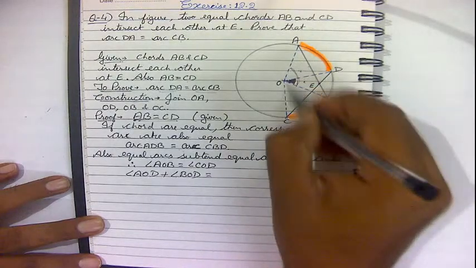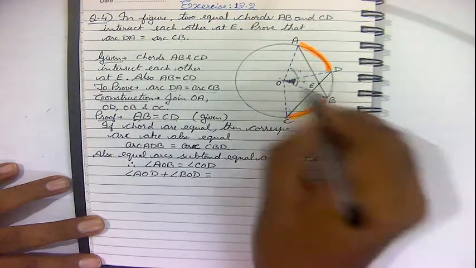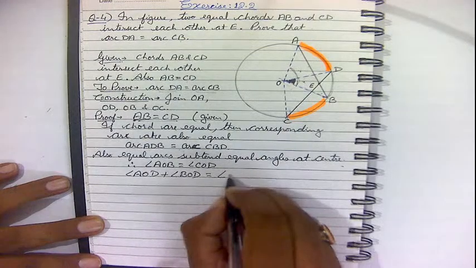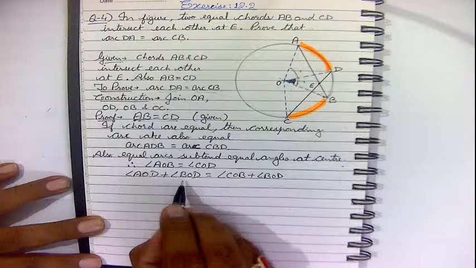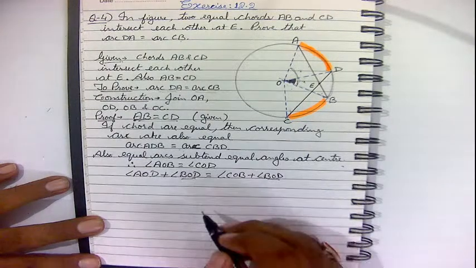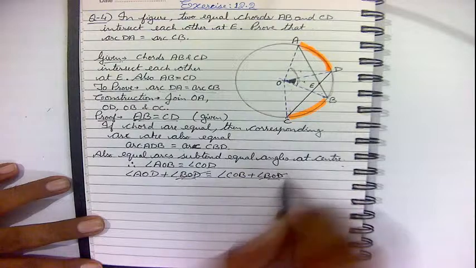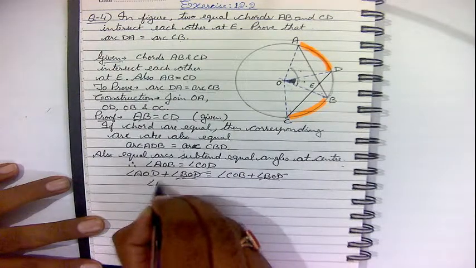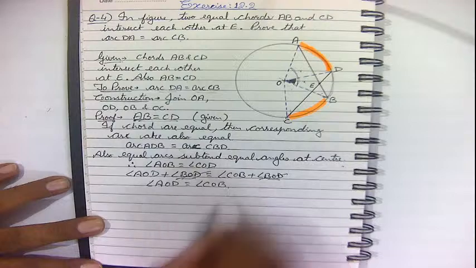Now this angle COD, again it can be written as COB plus BOD. And now you see here that angle BOD is there on both the sides. So this can be eliminated and you have angle AOD is equal to angle COB.